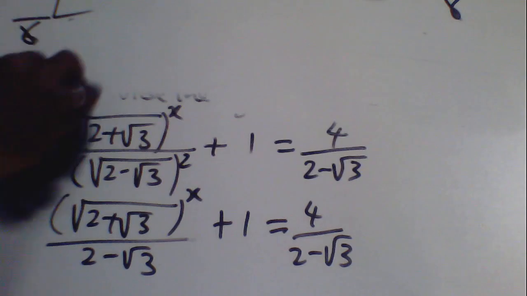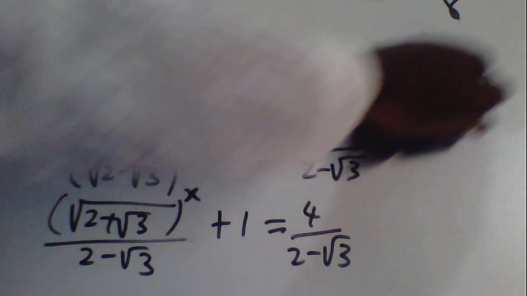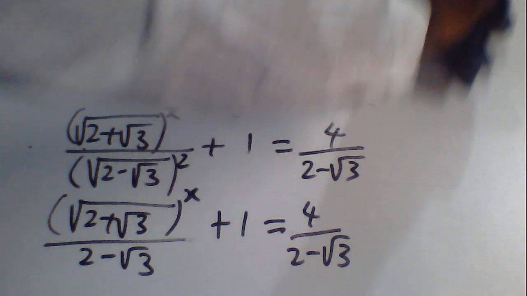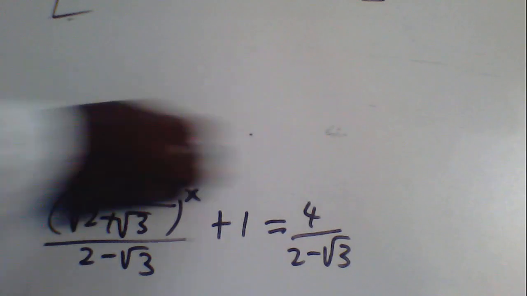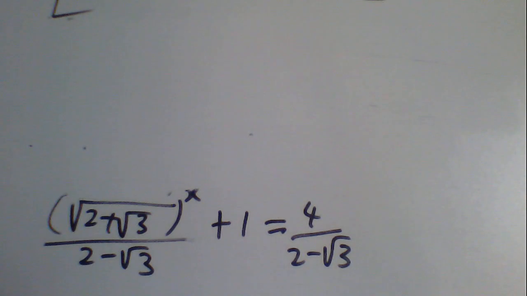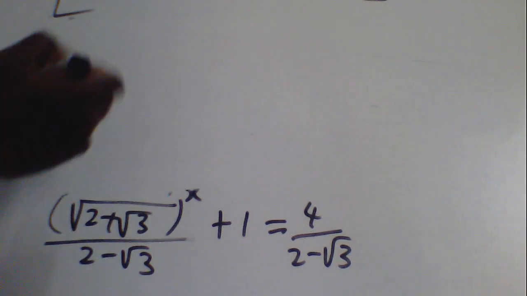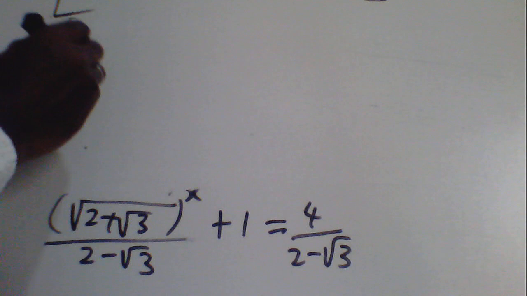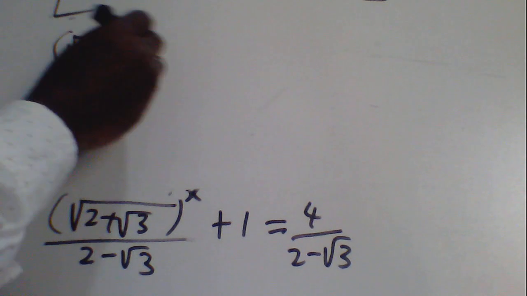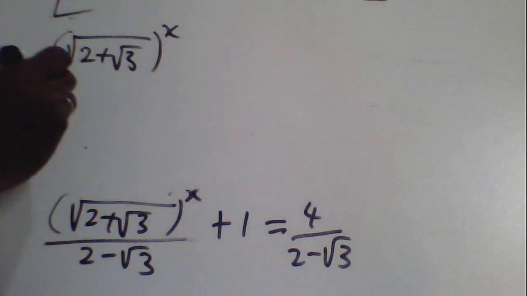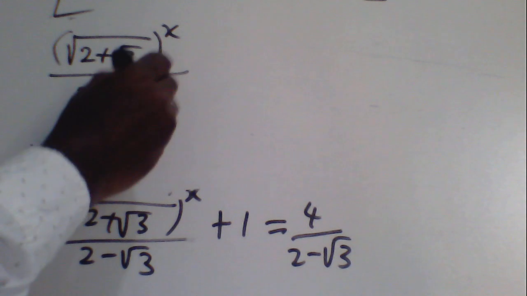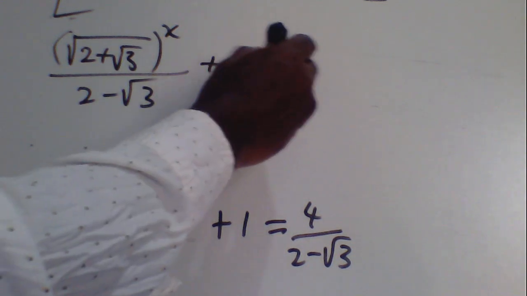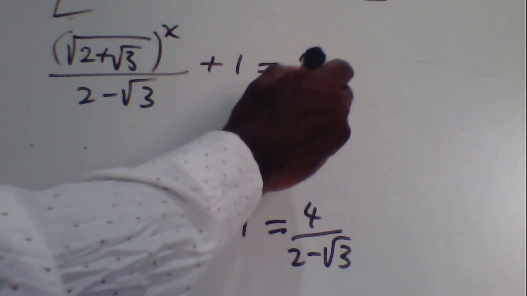So let's bring everything up. We have the square root of 2 plus the square root of 3 raised to power x divided by 2 minus the square root of 3, plus 1, is equal to 4 divided by 2 minus root 3.